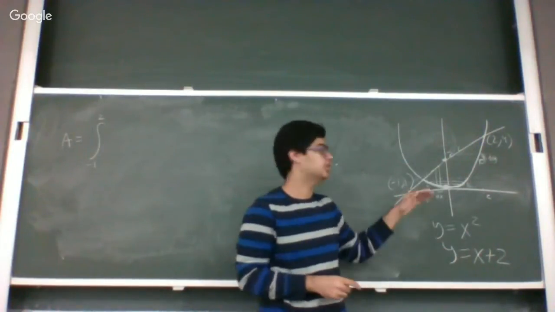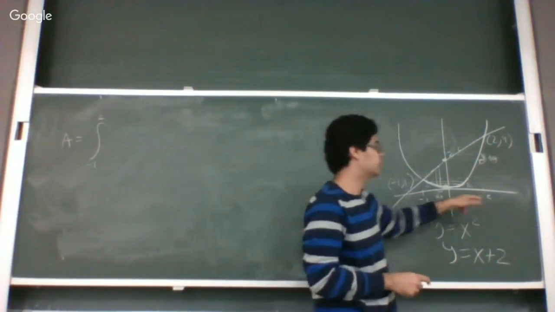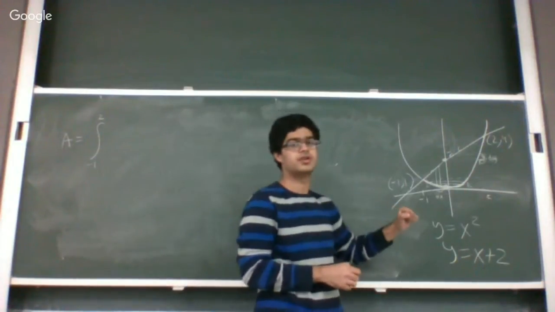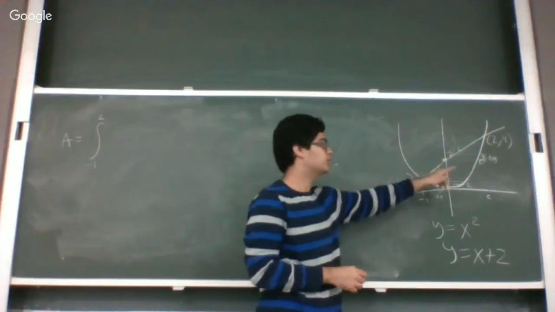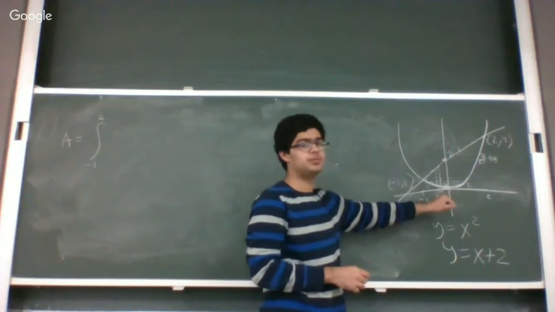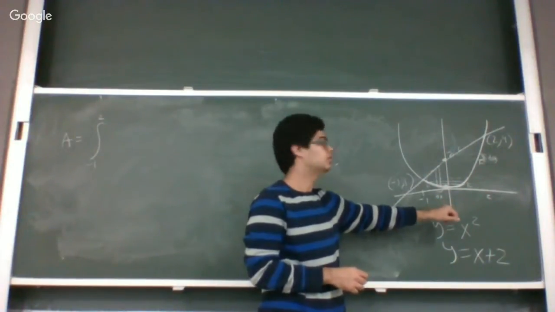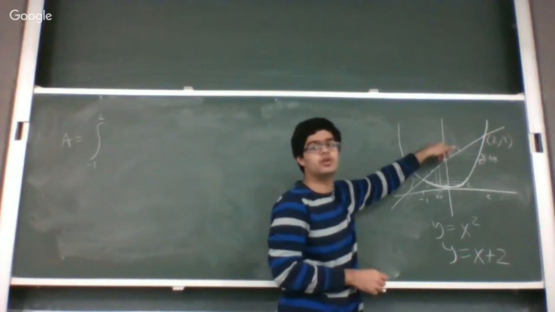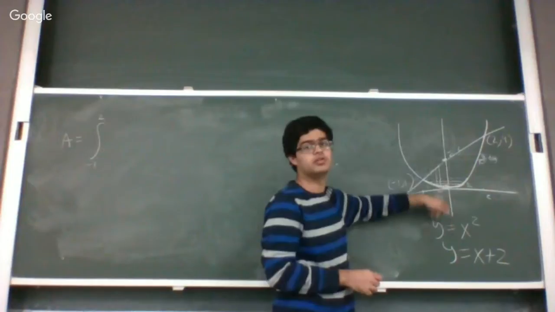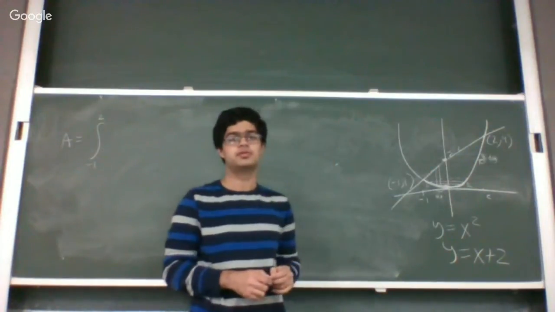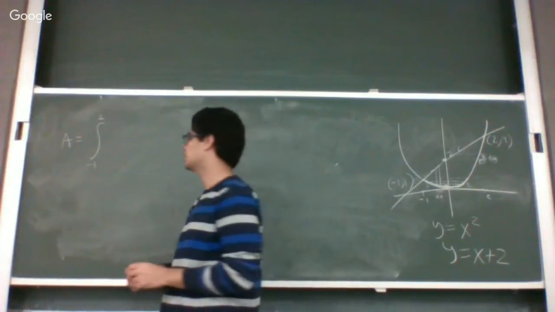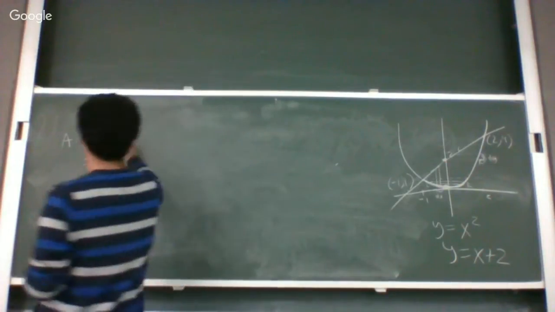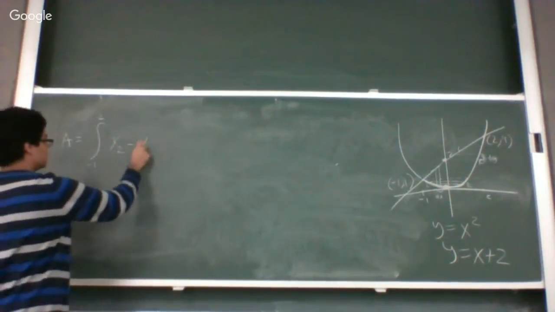Now, if we were doing dy, we'd be going from 0 to 4 essentially, but split into 0 to 1 and 1 to 4. We'll get to that, but the integral is going from -1 to 2 of y2 minus y1.